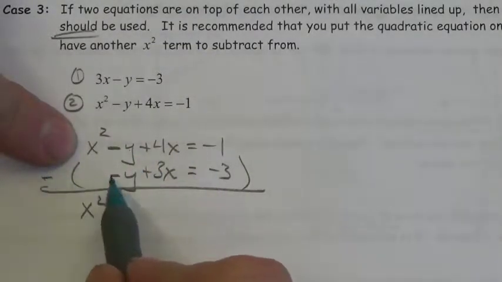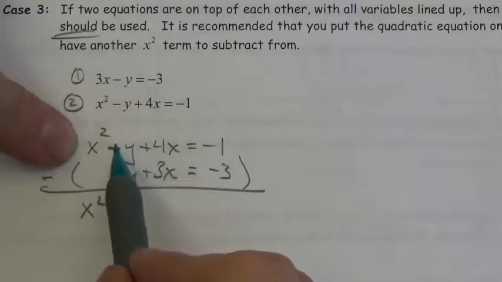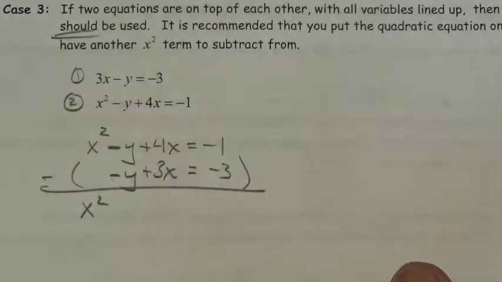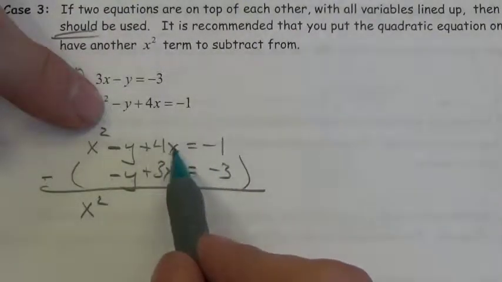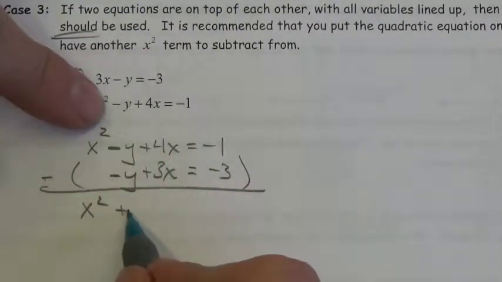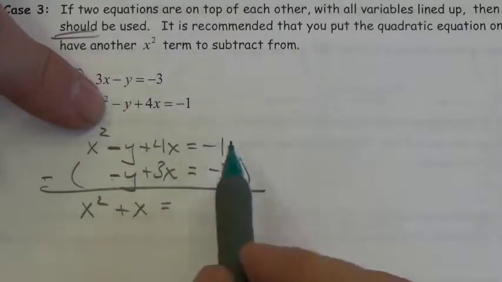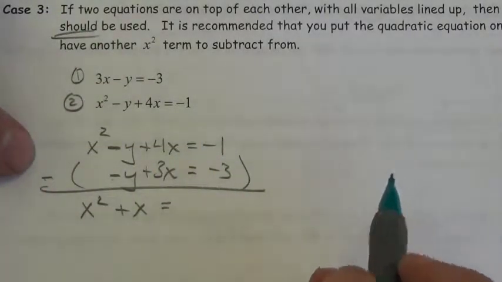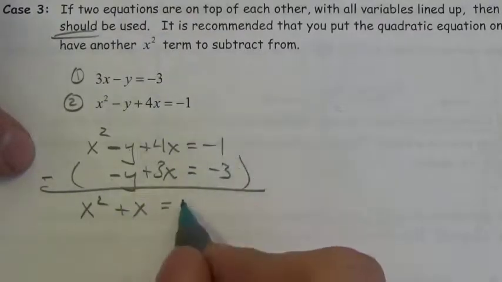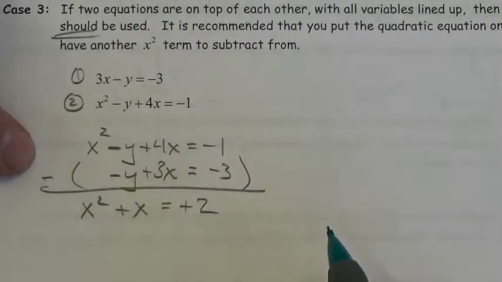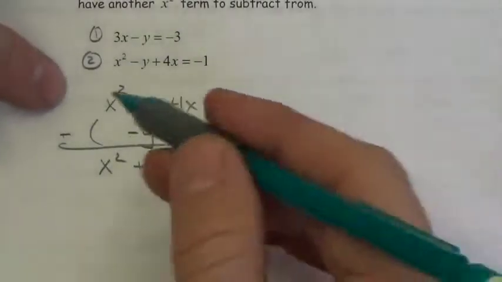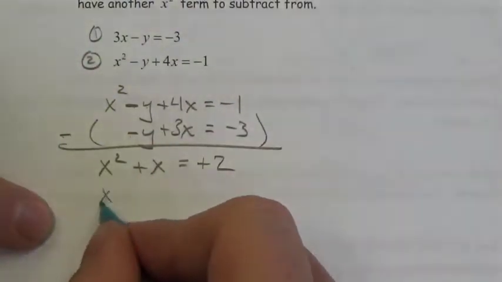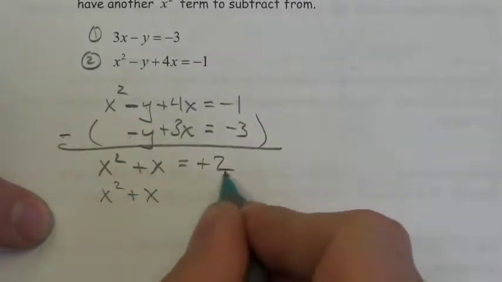Negative y minus negative y is negative y plus y. They cancel, which is exactly what I wanted. 4x minus 3x is going to be positive x. Negative 1 minus negative 3 is negative 1 plus 3, or positive 2. So now I've converted those two equations into one quadratic. To solve a quadratic, I'm going to bring that 2 over.